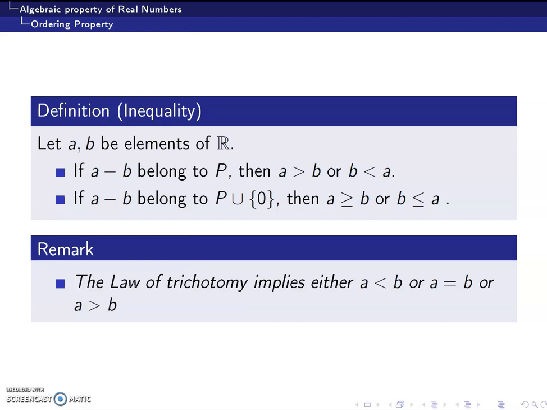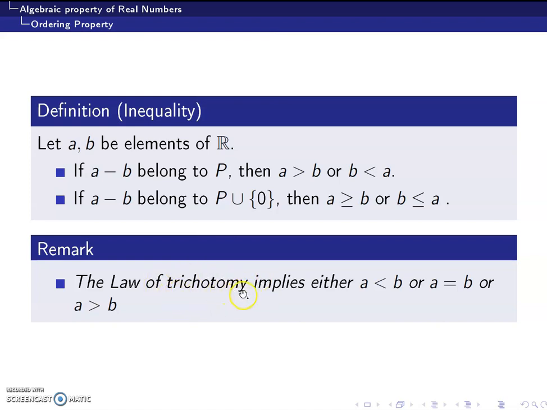So if we are given two real numbers A and B, then A minus B has an additive inverse which is called minus B. Then A minus B is a real number which is either in P, or equal to 0, or minus of A minus B is in P, by the law of trichotomy.